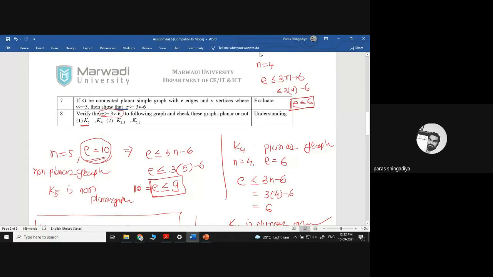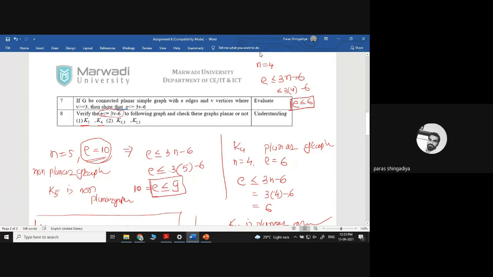Now the second example, K4. As we know, K4 is planar, so the formula will match the answer also. K4 is a planar graph where 4 vertices are there and 6 edges, when we count. Now as per the formula, we'll verify whether it is planar or not. The formula is 3n minus 6, and how many vertices are there? 4 vertices.